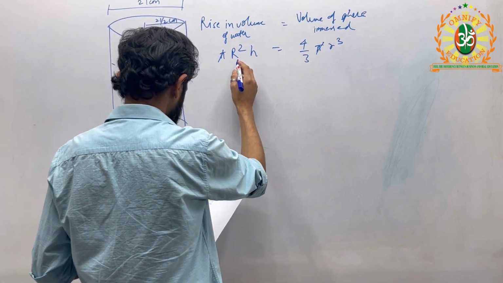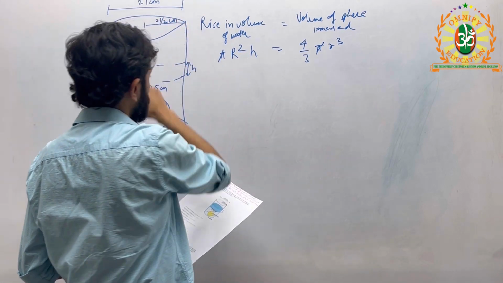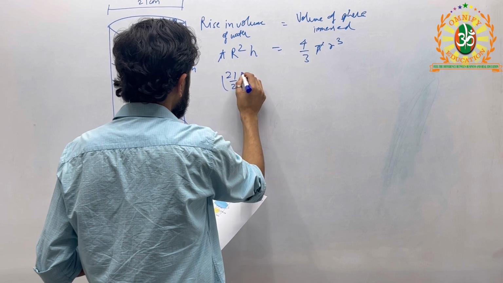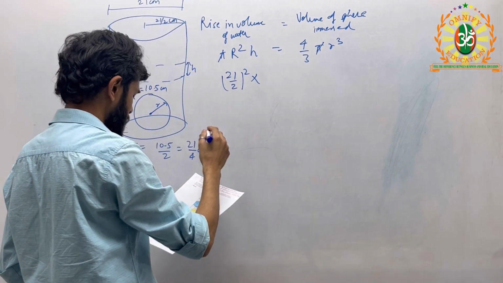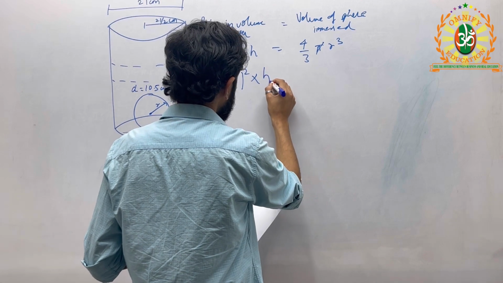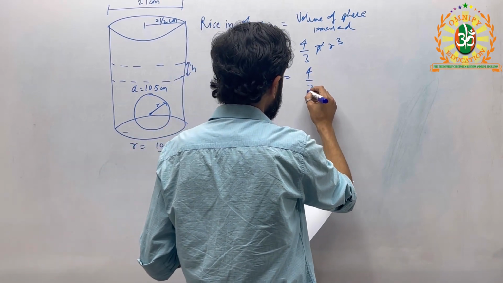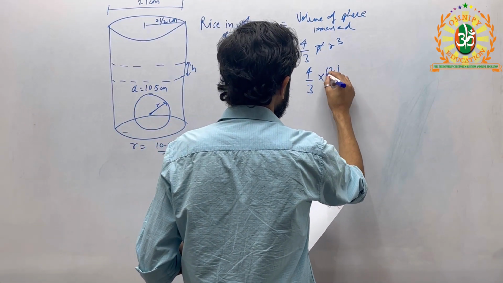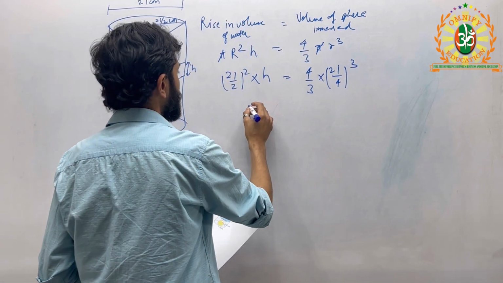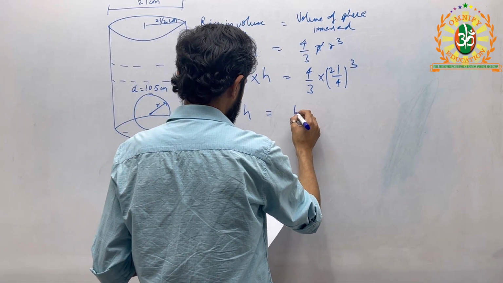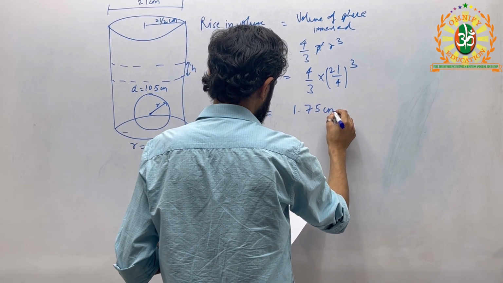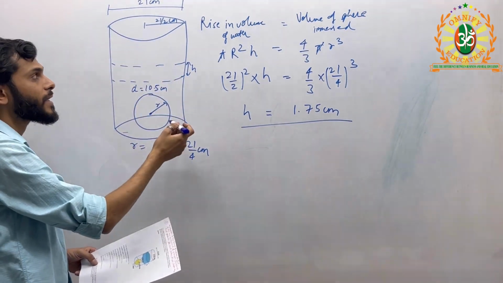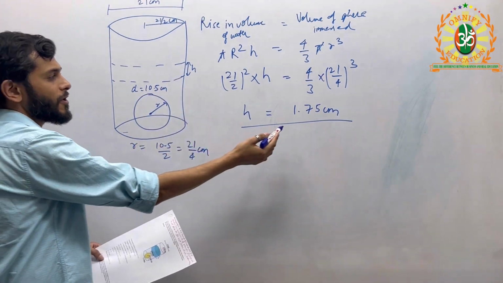The radius of the cylinder is 21 upon 2, and the height is h, and 4 by 3. The radius of the sphere is 21 upon 4, so it would be 21 upon 4 whole cube. So we can calculate the height. h would be 1.75 centimeter after calculating this. Hence, the rise in water level in the cylindrical can after dipping a solid sphere is 1.75 centimeter.